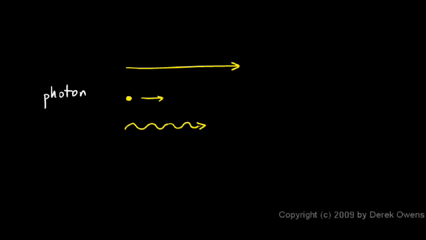You could also draw it as wave fronts advancing, kind of like we did when we drew diagrams for the Doppler effect, where we imagined sound waves advancing along in one direction and thought about the wave fronts and the distance between them. So you could represent a light wave in a diagram in a variety of ways, and in some cases it makes sense to use one representation, in other cases another.